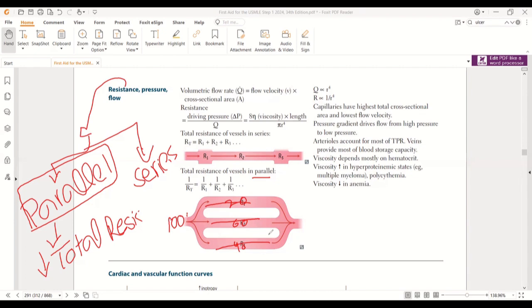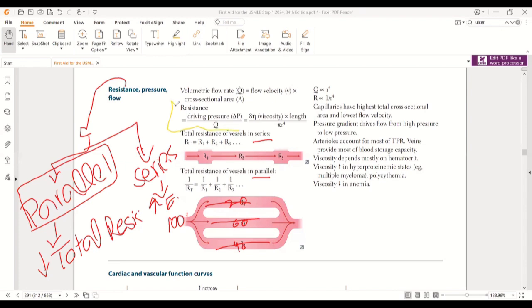It is decreased. Okay. So the opposite takes place in the series arrangement, right? The total resistance will increase in series.